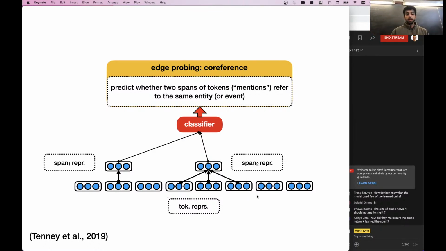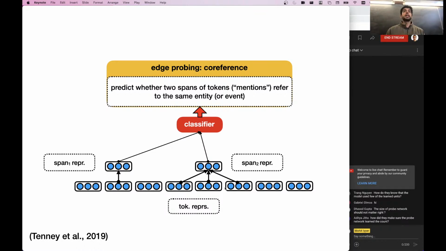And so here we might do our probe over the token level representations for, say, nurse and her. We might take those two representations and concatenate them together, feed them into a classifier to say, are these co-referent or are they not co-referent?